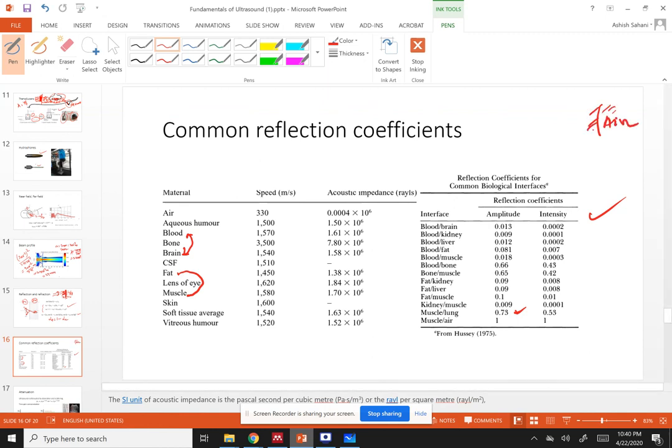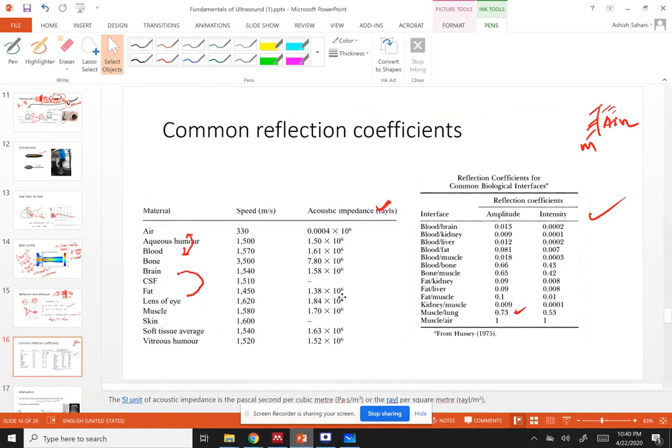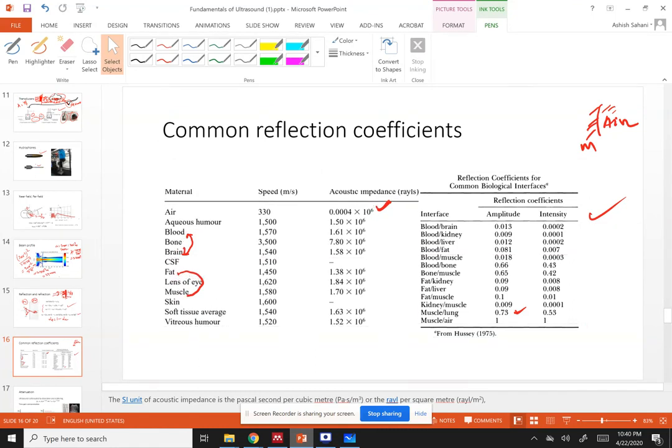So if on this side it is muscle and on this side is air, the difference between the acoustic impedance of muscle and air, you see, is very high. If you calculate, it comes out to be 0.73 in this case, which is one of the highest in this table. So that's why lung is strongly reflective.